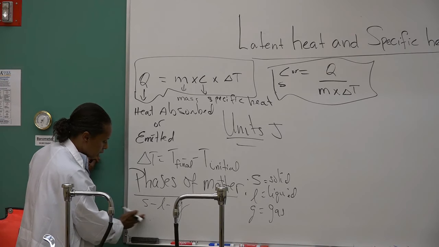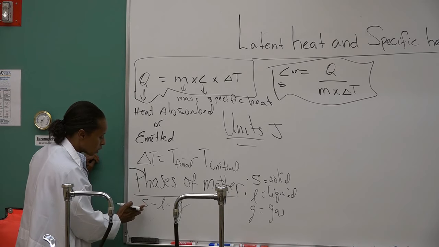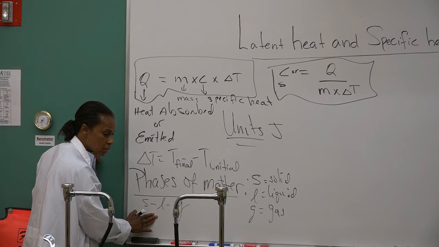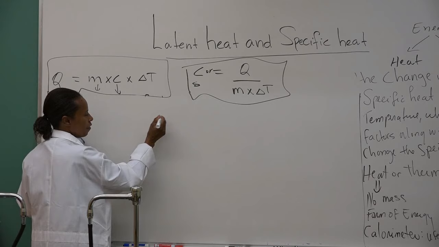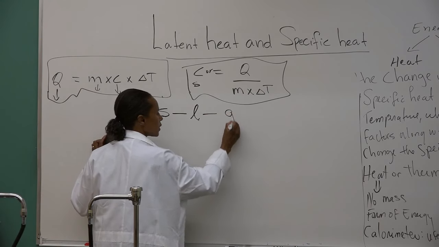In these phases, we're going to take a look at a substance in a solid phase, and suddenly as the heat energy is increased, your phase changes: solid going to liquid, going to gas.